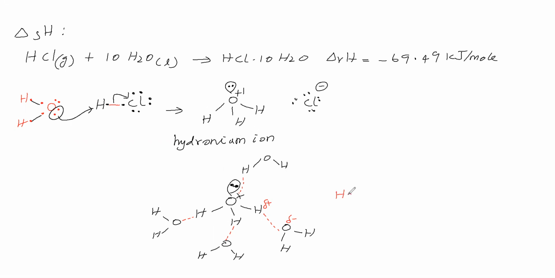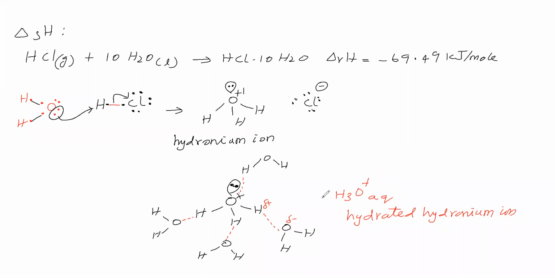So that we can write hydronium ion as H3O plus (aq), aqueous. This is called hydrated hydronium ion. Hydrated in the sense aqueous, that means solvent molecules surrounding this.